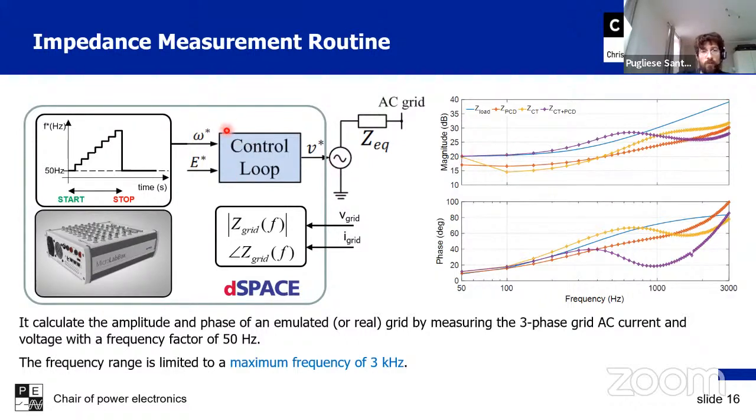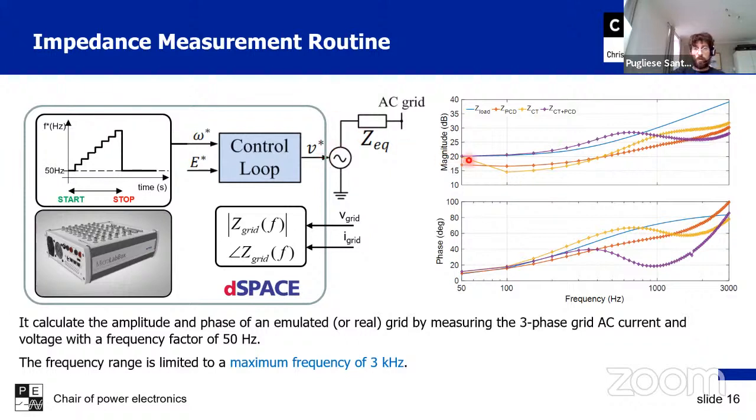Since we can control the frequency and amplitude of the voltage generated by the device under test, the grid forming, I have the flexibility to control not only the 50 Hertz component, for example for the grid application, but I can also generate whatever voltage from 0 to 3 kilohertz with a certain amplitude. I can measure the current and estimate the impedance. So what will this impedance be? It will be the impedance of my equivalent load when I use the power in the loop.